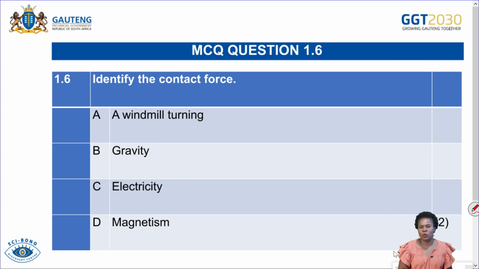It's a contact force. However, your non-contact forces are, for example, the gravitational force and the magnetic force. That means a force is being exerted onto the object, however it is not physical. There's no physical interaction.